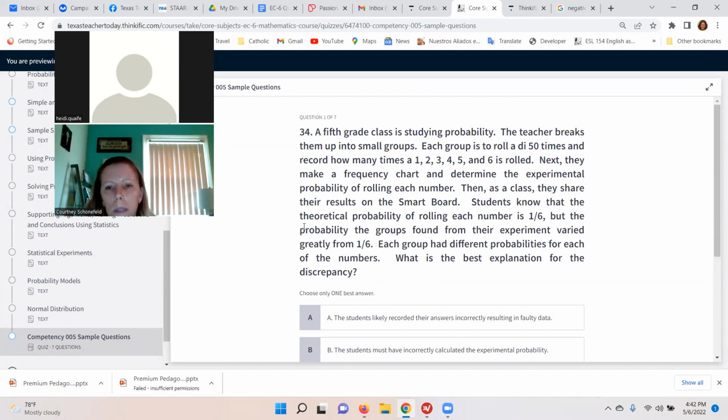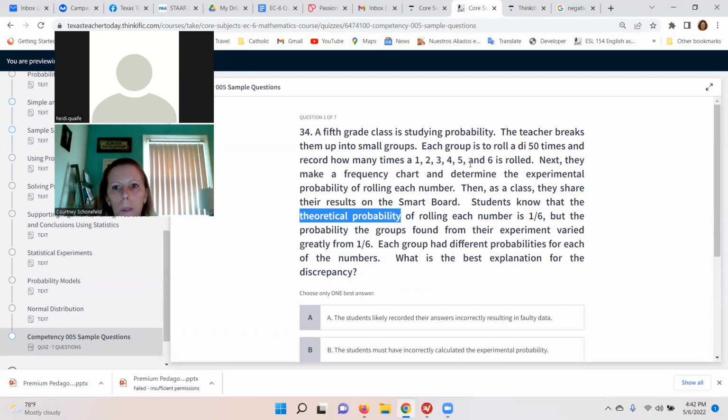So you might not know some of these terms in here. Theoretical probability is how it's supposed to work in theory, in a perfect world. So we know that because there's 6 sides of a die, and if it's a regular die, it's not weighted, then the probability of each one would be 1 out of 6. That's in a perfect world, how it's supposed to work. But we know that if you roll a die 50 times, you're probably not going to get exactly 1 out of 6 on every single one.